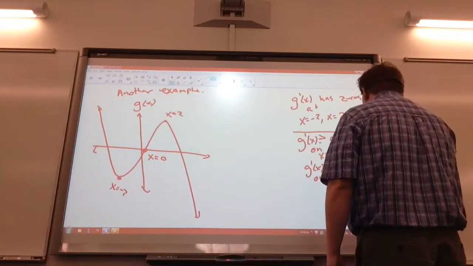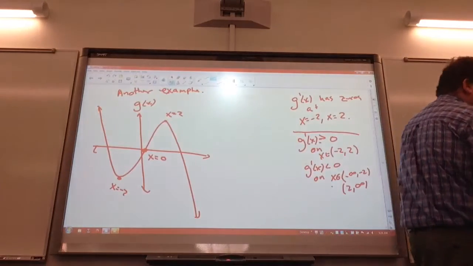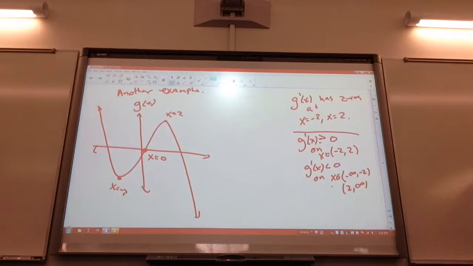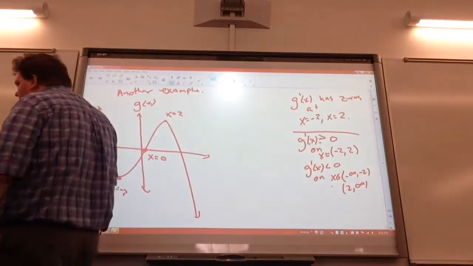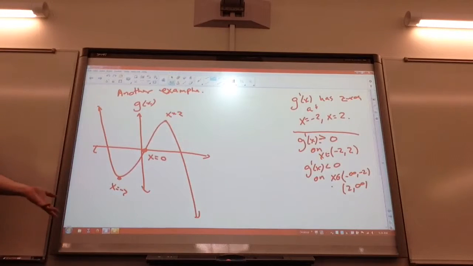Are we allowed to say that on the AP, say everywhere else? Get in the habit of writing out the interval completely. It's just safer. On one of my tests, you could say everywhere else and I would say that's fine, because that is the case.